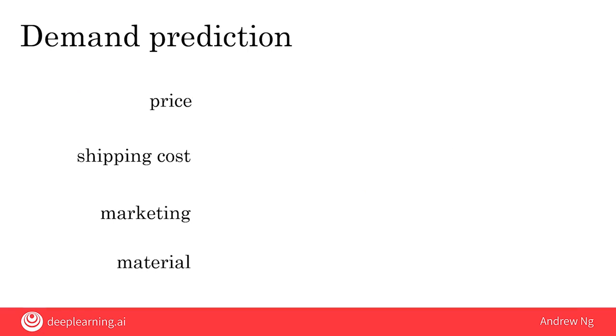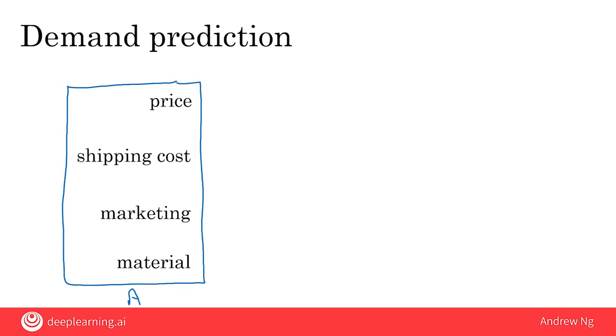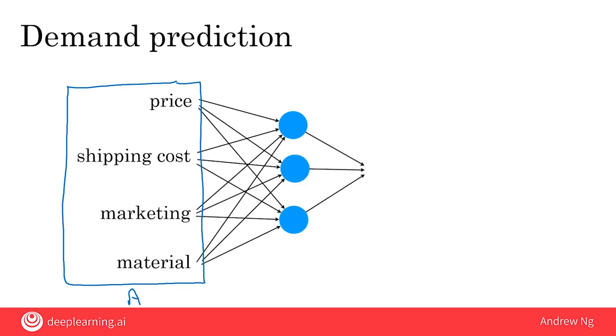So to build a neural network, what you would do is feed it lots of data with the input A and have a neural network that just looks like this with a few blue neurons feeding to a yellow output neuron. And then you have to give it data with the demand B as well.